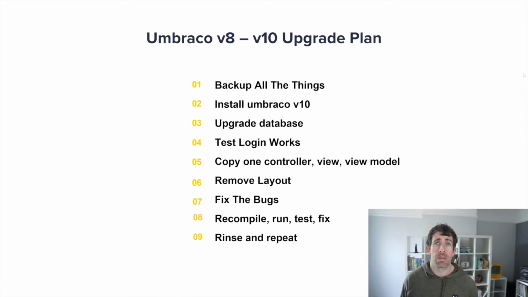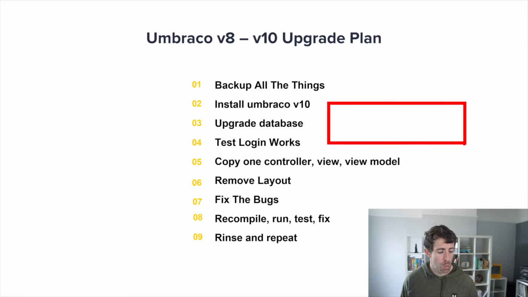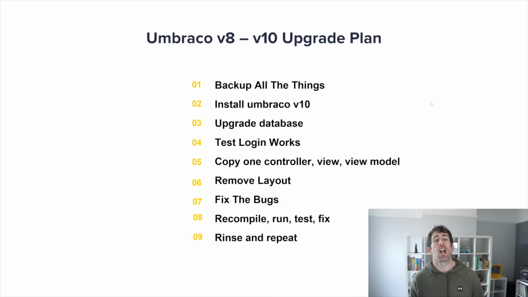You always want to make sure that you can revert steps, you can trash things without worry. Now the next step is to install Umbraco V9, V10, whichever version you want to upgrade to. What I like to do in these upgrades is start with a vanilla base build of Umbraco V10, then copy all the bits from my old CMS instance into the V10 instance and slowly upgrade the site. Doing, say, one page at a time means that I'm not going to be overwhelmed with a number of errors and things not working.